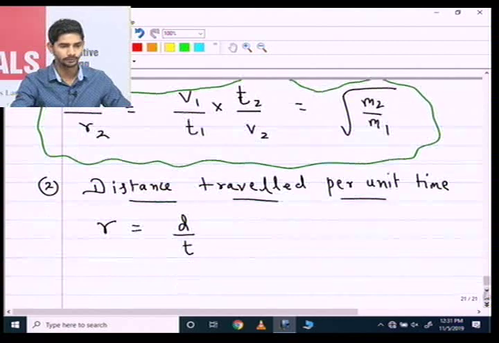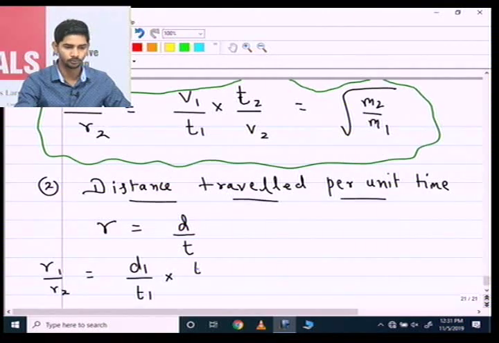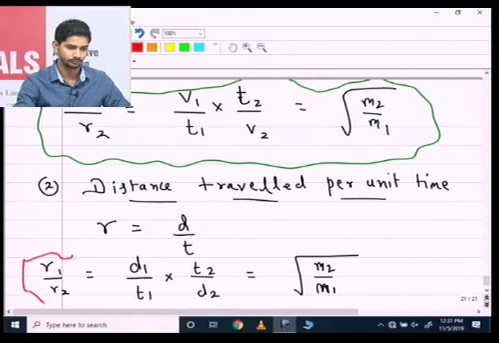So if I write the same formula, R1 upon R2 should be equal to D1 upon T1 into T2 upon D2, which should be equal to root M2 upon M1. Copy.